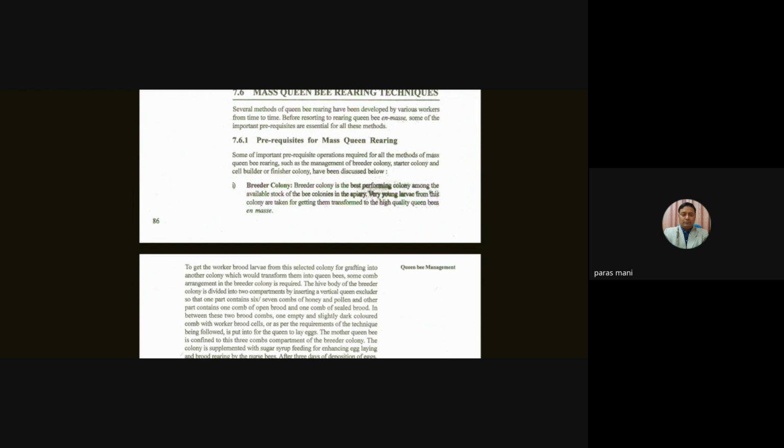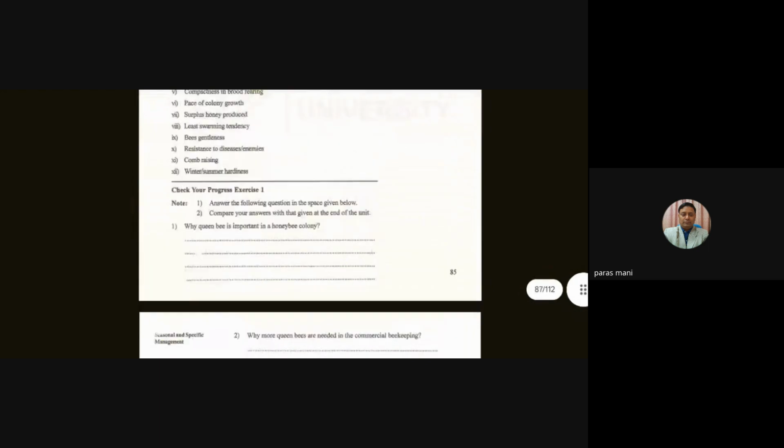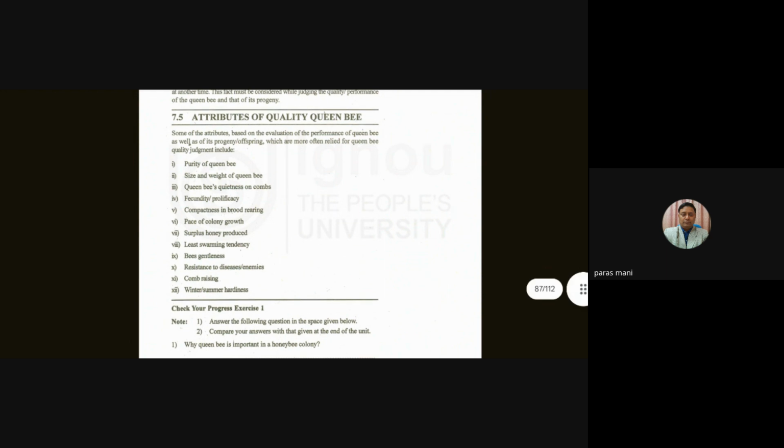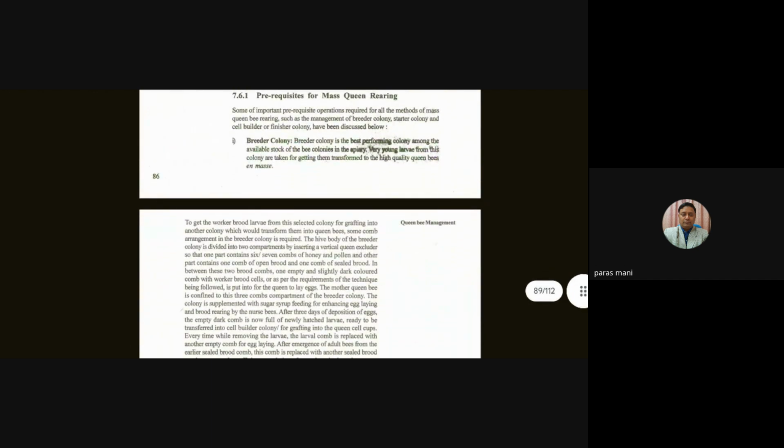We should have a breeder colony. Breeder colony means, as we discussed, there are different characters for a quality queen bee. The colony having all these positive traits can be considered a breeder colony, a good performing colony among the available stock of bee colonies in the apiary.